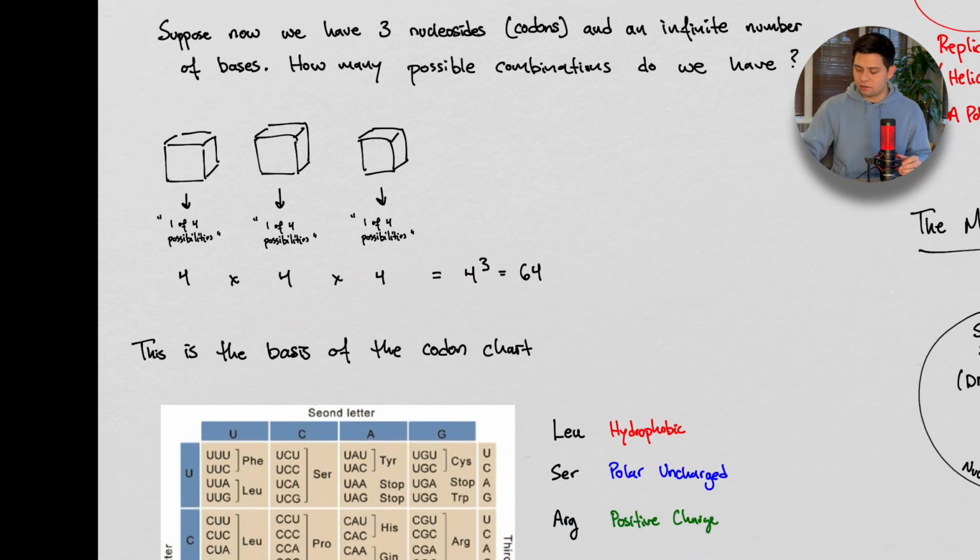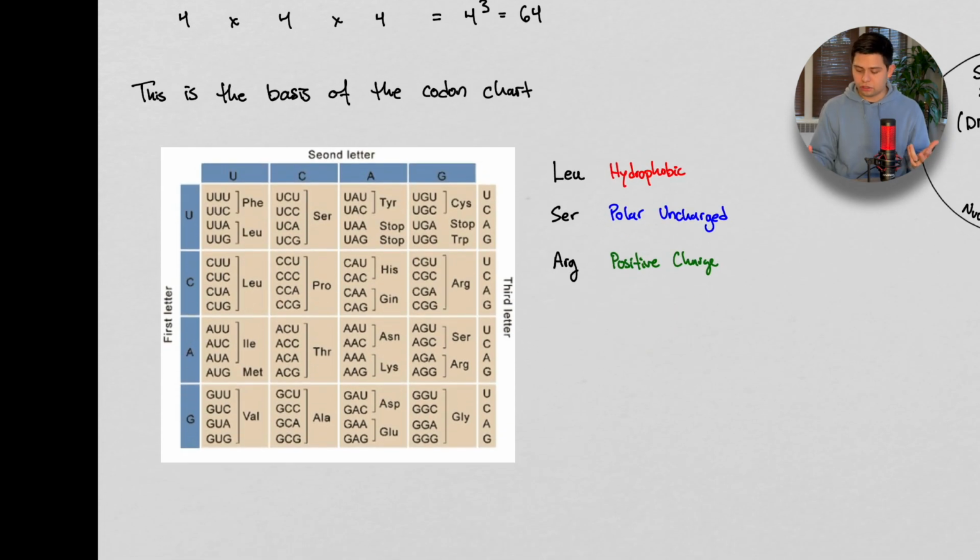And this is the basis of the codon chart. So if we look at this chart, we have 4 times 4 times 4. Okay, 64 different possible outcomes where U here is a replacement for T, right? Because when we're talking about building proteins, we're moving away from thymine, which exists in DNA, and going to RNA, which we're going to talk more in detail about later, which consists of uracil instead of thymine.